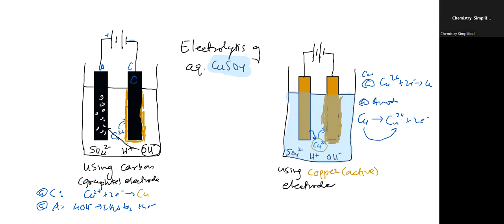So if you look at the copper ion concentration, they are getting deposited at the cathode, so their amount should decrease, but more copper ions are being added from the anode. So the copper ion concentration doesn't change. Hence the blue color in the solution will be retained. So the overall effect here is that the anode has lost mass and the cathode has gained mass.